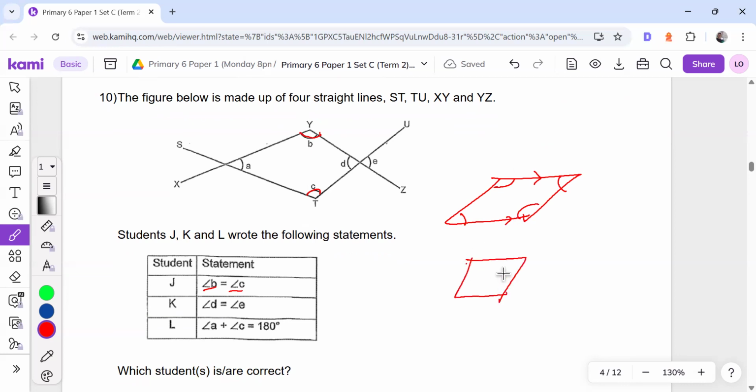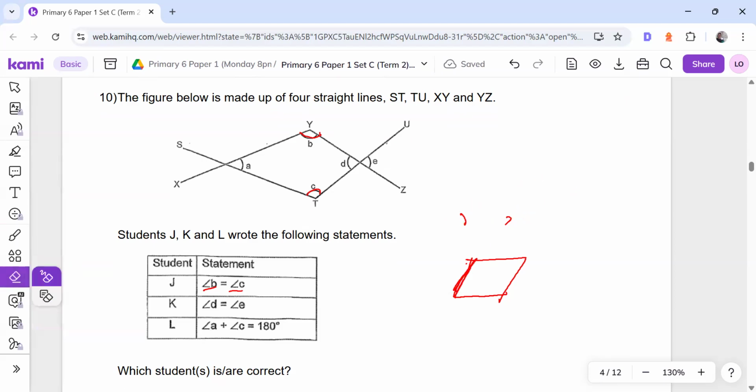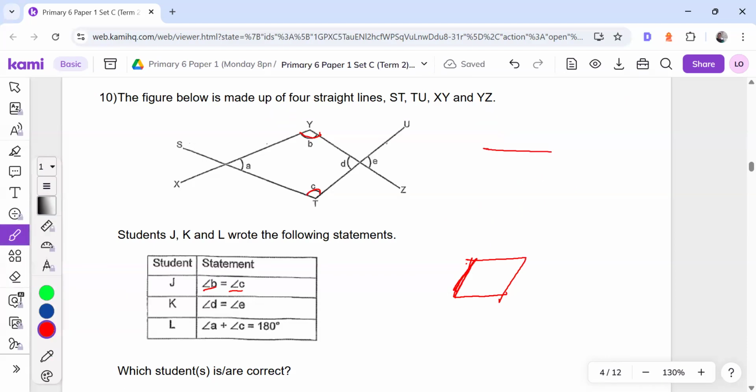Parallelogram means it's a rectangle that's a bit tilted. So if you see a parallelogram, then opposite angles are the same. If you see a rhombus, then the opposite angles are also the same. But if it's not either one, then opposite angles may not be the same. So you cannot assume. So this is not sure.